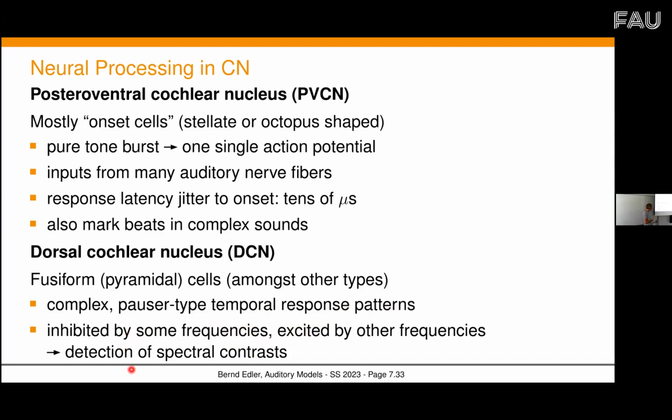So they can be used for detection of spectral contrast. If one cell is excited by certain nerve fibers coming from a certain characteristic frequency position, and other fibers in the neighborhood would rather inhibit that, they would have a stronger reaction to tonal signals, where there's one large activity at one position and lower activity in the neighborhood. That's why they could detect spectral contrasts.